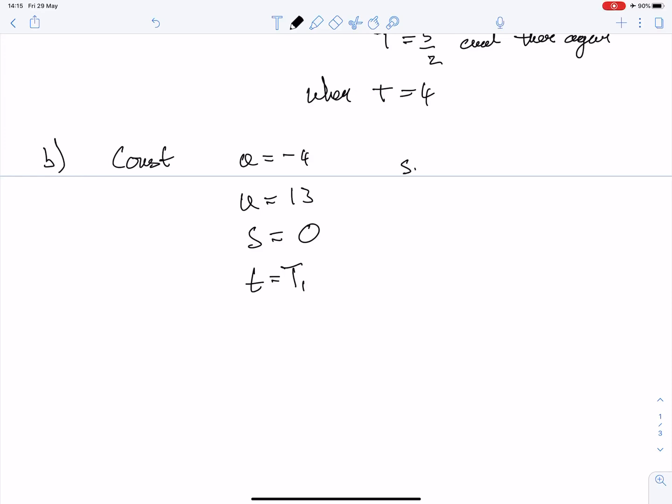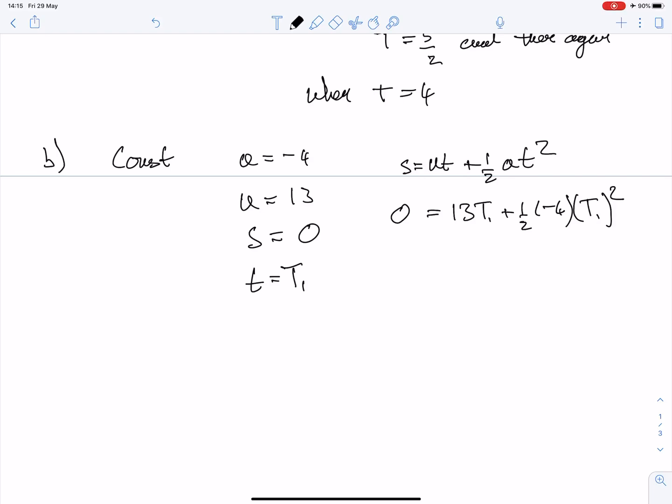Same equation, s equals ut plus a half at squared, the one without v in it. So naught equals 13 lots of t1 plus a half negative 4 t1 squared.